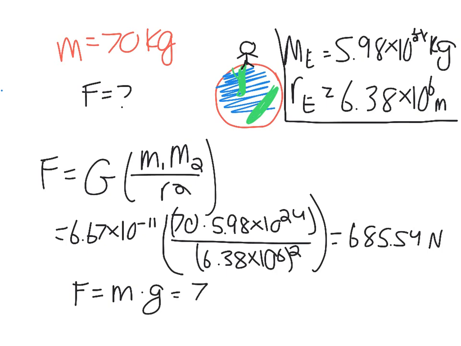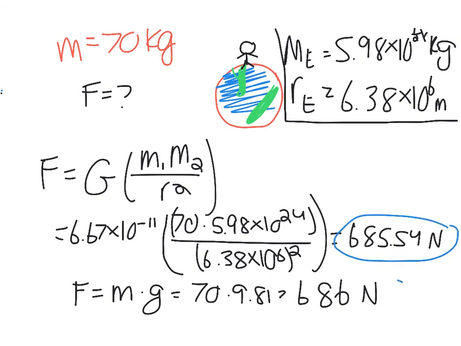So the mass of the boy is 70 times 9.81. I get just around 686 newtons. So we kind of proved our point right here that through the gravitational constant we can also prove that this is also weight.